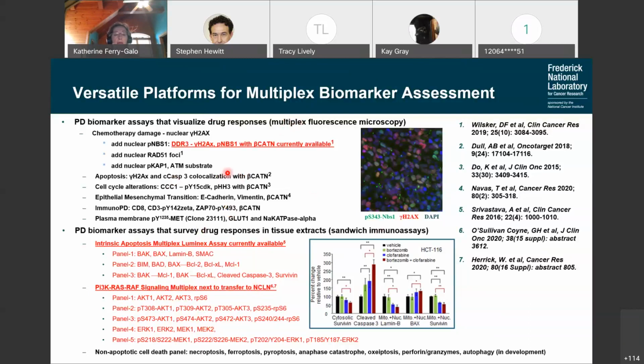The assay currently available in our PD lab at MD Anderson is the DDR3. So we are accepting applications through the protocol approval process for access to this currently, and we have several others at various stages of clinical implementation and use within our program that will be prioritized for transfer to that laboratory in the future.